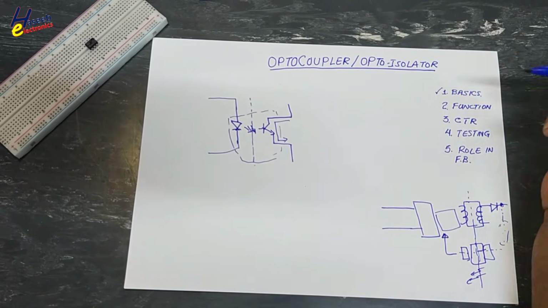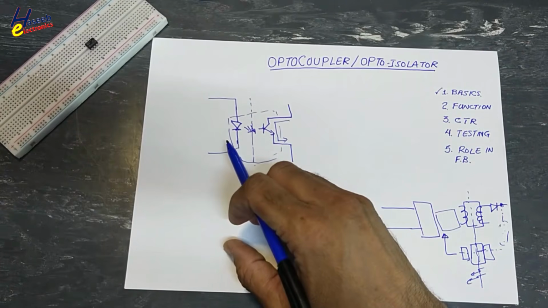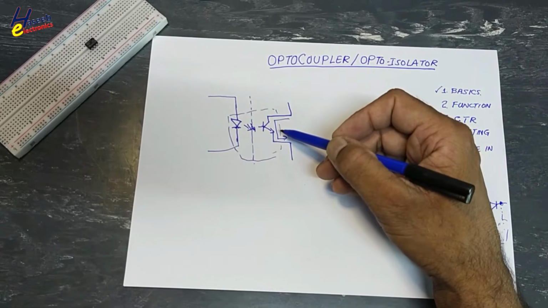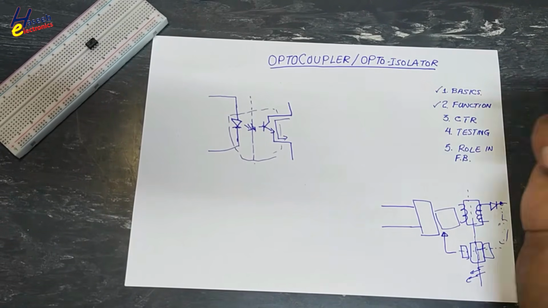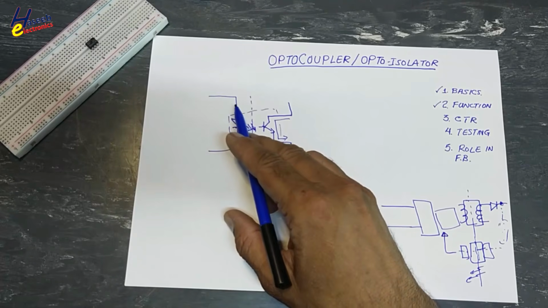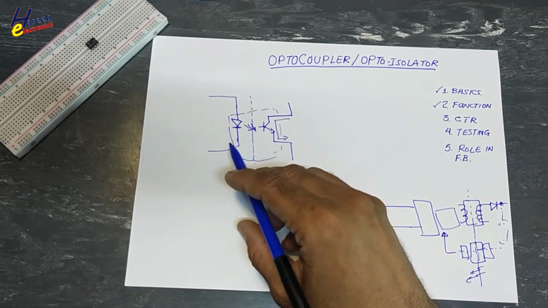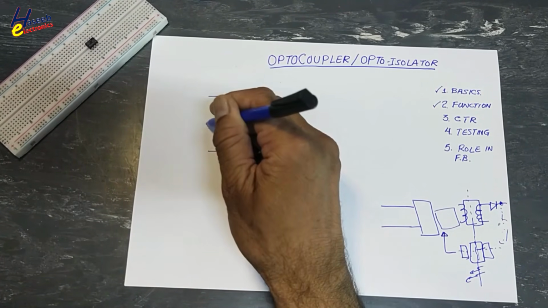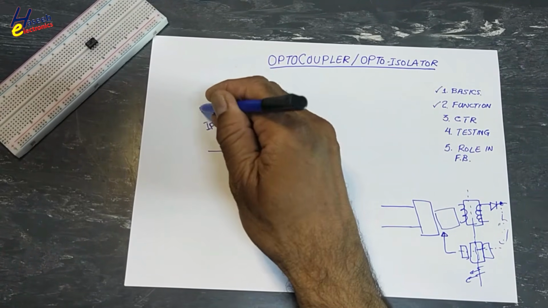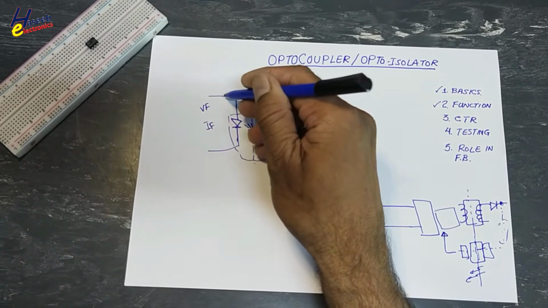It is basic: it is composed of two components, an LED or IRED and a phototransistor. It receives some voltage. Forward current will flow here, that is called IF, forward current, and VF, forward voltage.